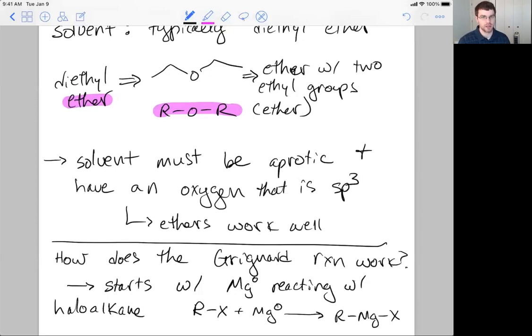On the next page, we'll look at this in the context of the example that we would typically do in the class for the lab. So the magnesium actually jumps in between the R and the X group.